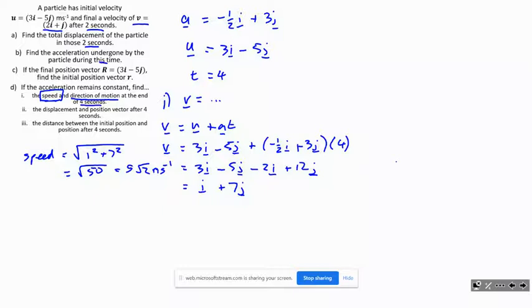And our direction of motion, well, if we're going i + 7j, so that's 1 east, and 7j is 7 north. So what we'd like to do is find the bearing, really, of that direction. This is north.